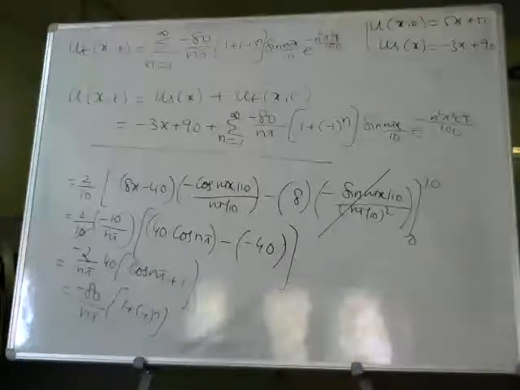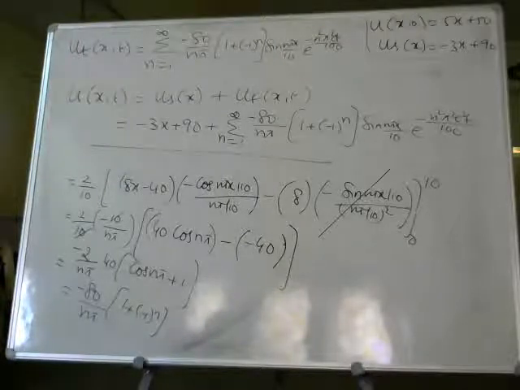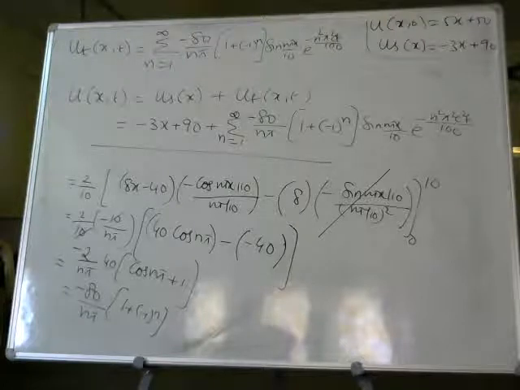I have found the values of C and D by taking at x is equal to 0, u is equal to 90, the new temperatures now. And at x is equal to 10, u is equal to 60. Using that, we have found the steady state temperature as minus 3x plus 90. That is what we are calling steady state temperature.